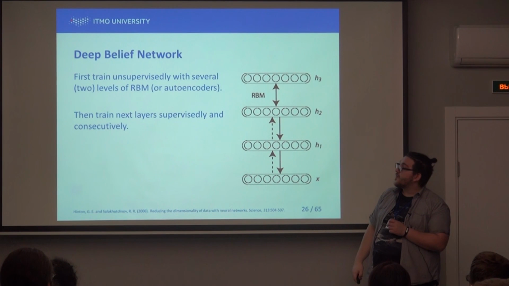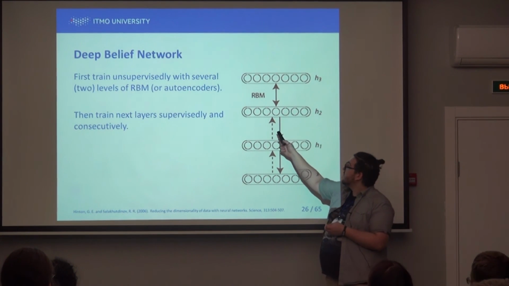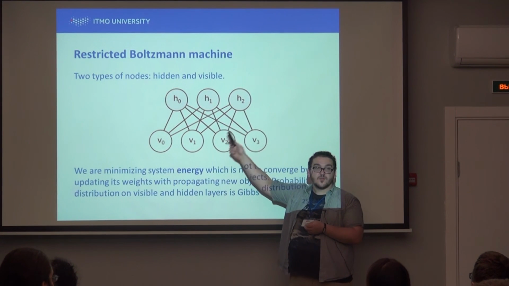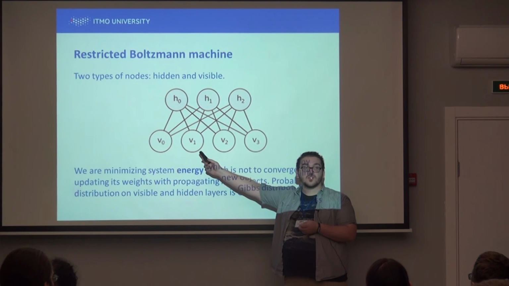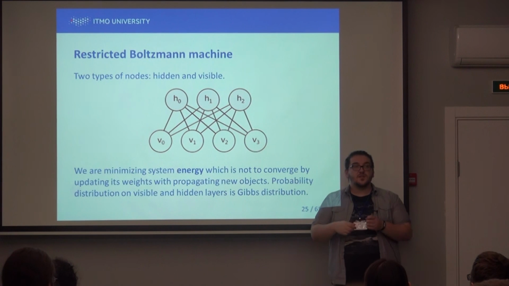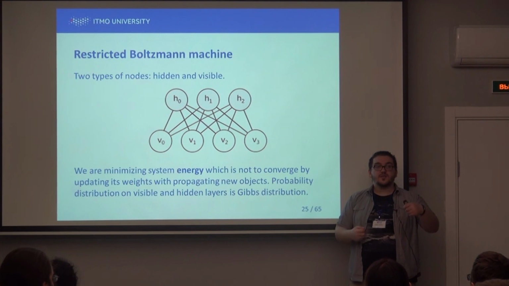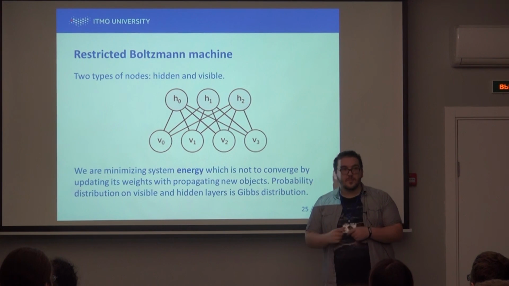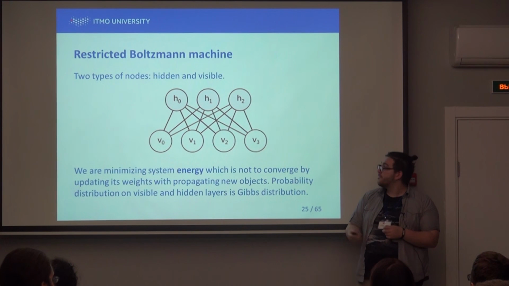So learning a deep Boltzmann machine, how do we do it? We have the first layer of known features, and we say that the second layer has hidden features. So we try to learn the second layer. When we learn the second layer, we say that these are our new features and use them to learn the third layer, and so on. So we do it unsupervised.